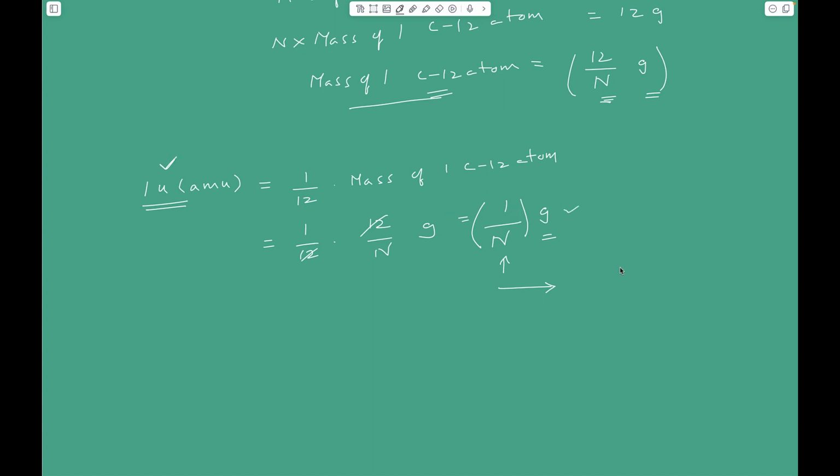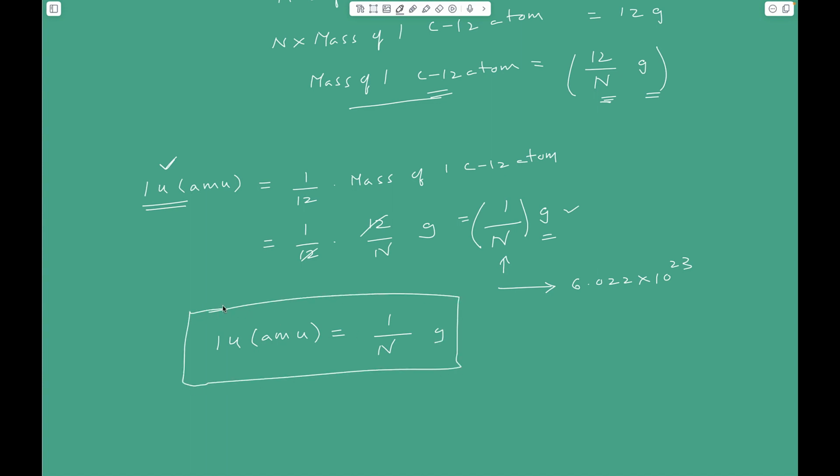And that's exactly what we did. We experimentally determined the value of Avogadro's number and found it to be 6.022 times 10 to the power of 23 approximately. So 1 U or AMU is equal to 1 over N grams, and this relationship is quite handy.